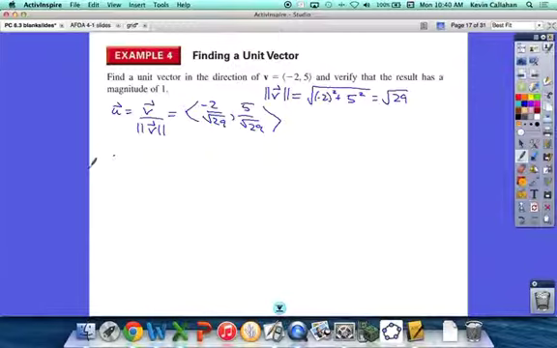Find the unit vector in the same direction. That's the unit vector in the same direction. How are we sure it has the same magnitude? Find the magnitude.